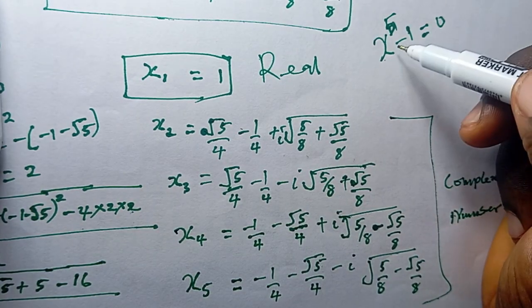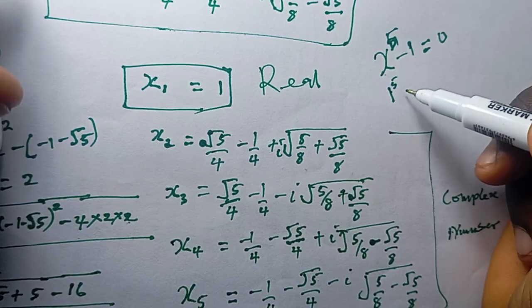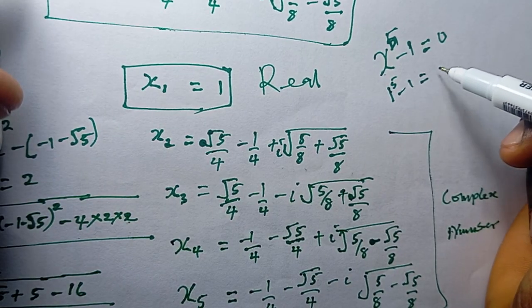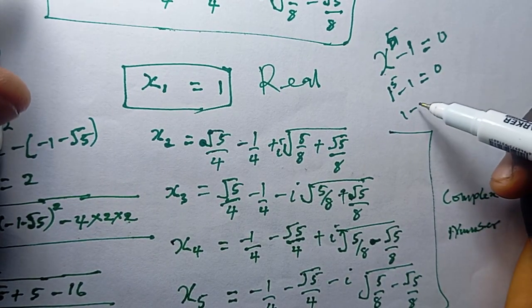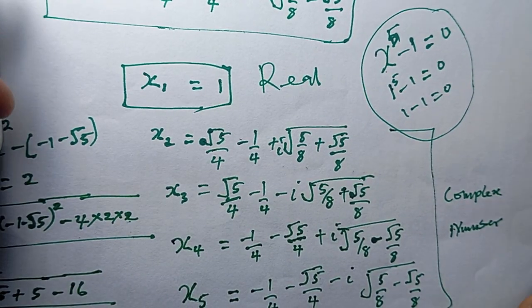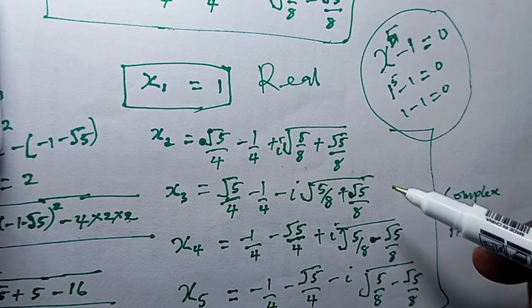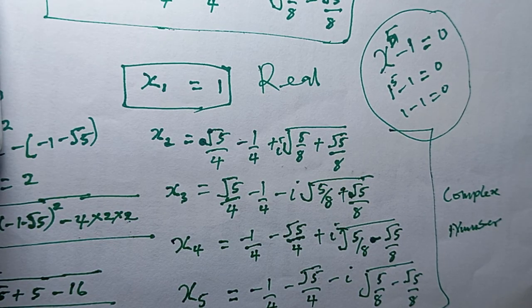So if you just put 1 for x, we're going to be having 1 to the power 5 minus 1, and obviously this is equal to 0. So this shows that the real number there satisfies, and then these are the remaining roots of this equation.